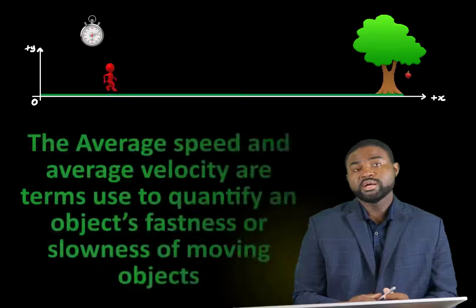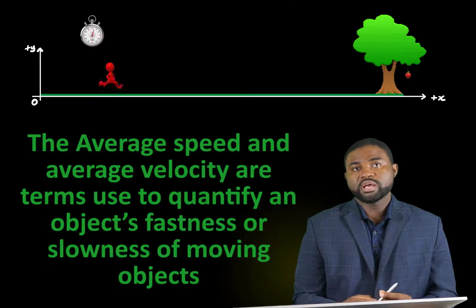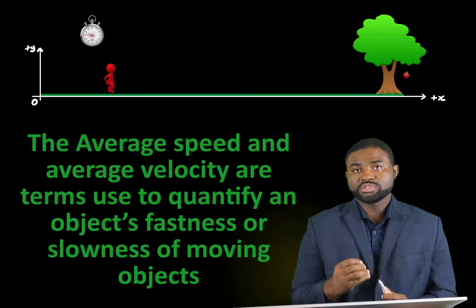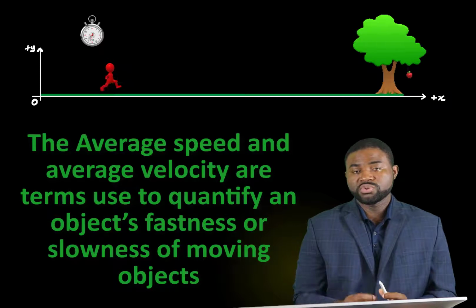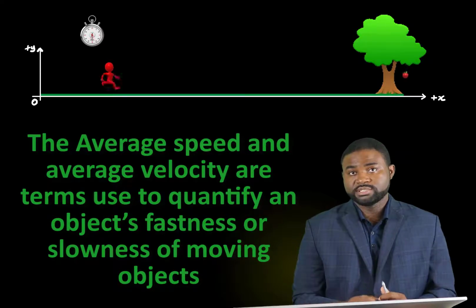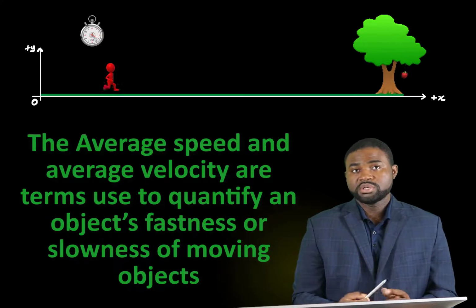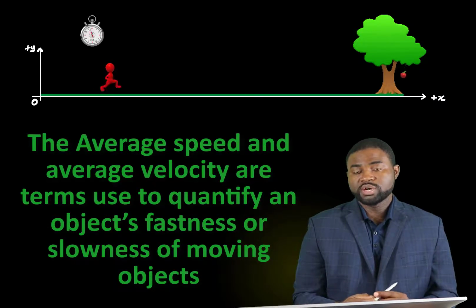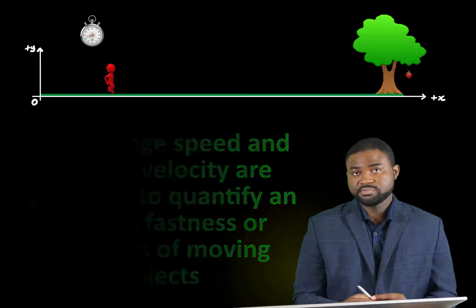Keep in mind that average speed and average velocity are terms used to quantify how fast or how slow a moving object is. In other words, the fastness and the slowness of moving things are quantified using average speed and average velocity.